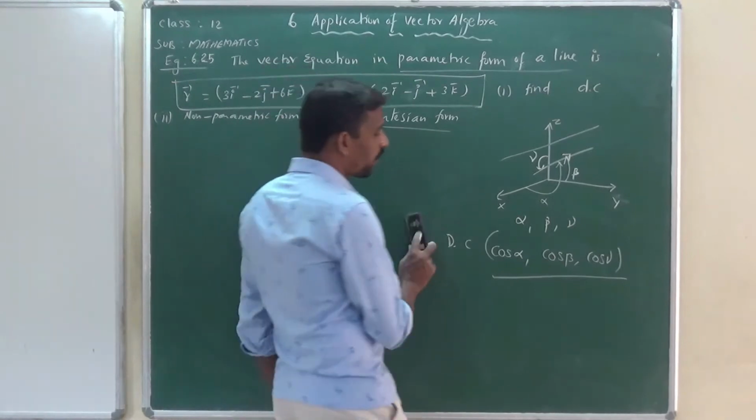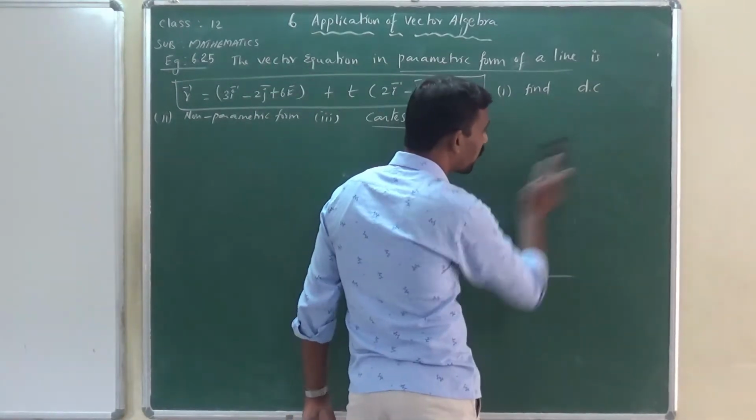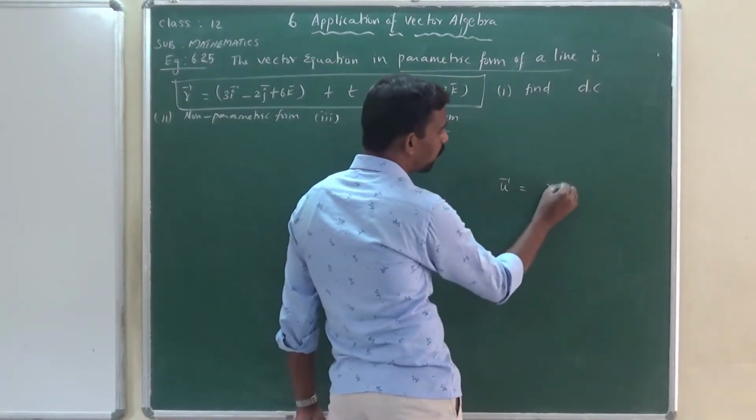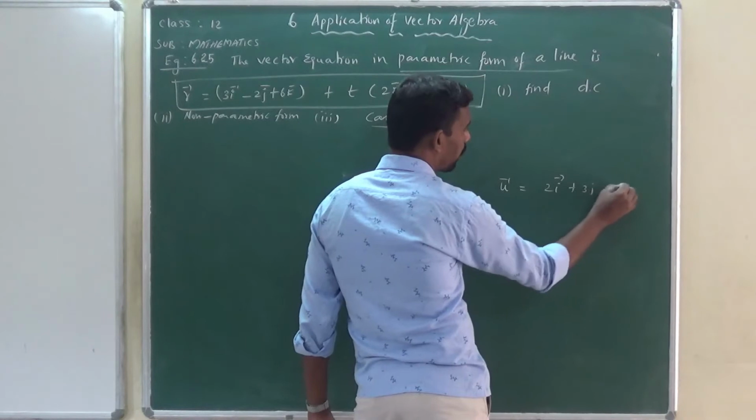Now we want to find the direction cosines of a given vector. Imagine this is a u vector, u equals 2i plus 3j plus 5k.